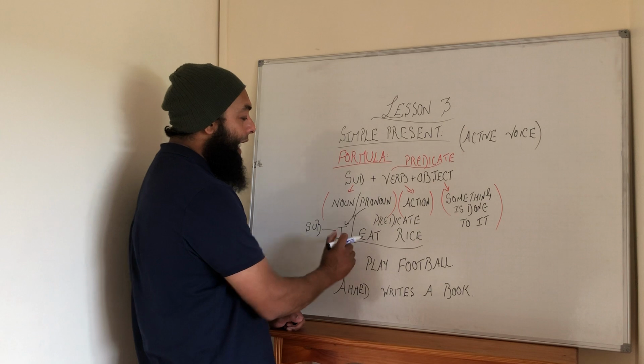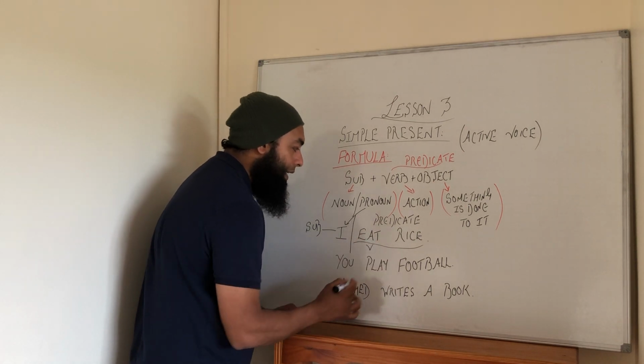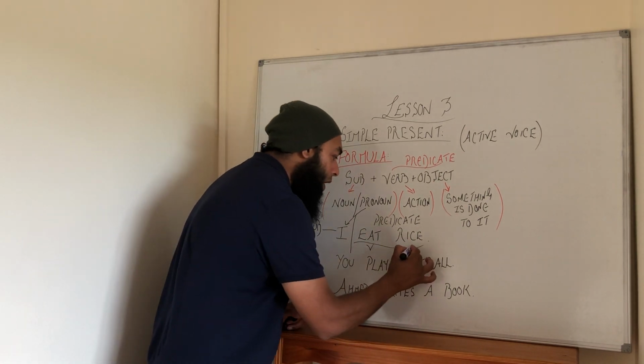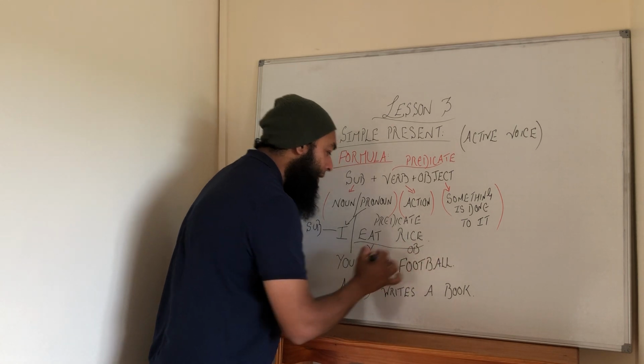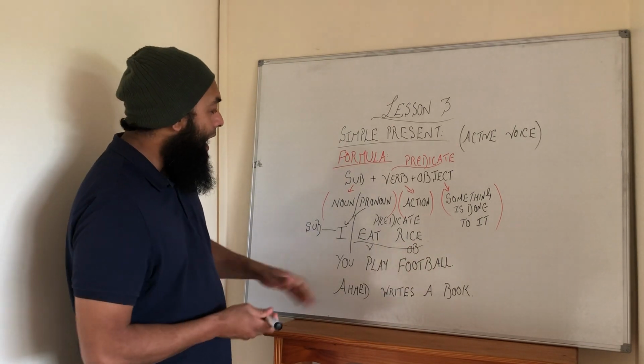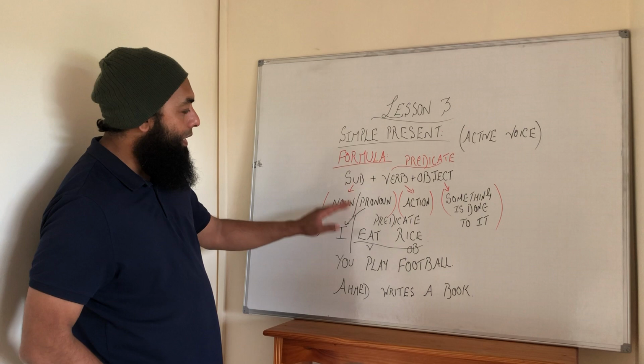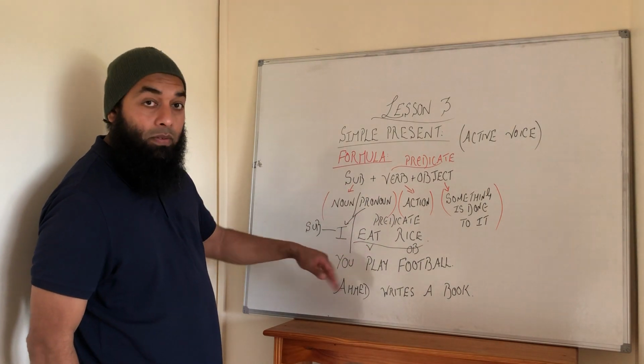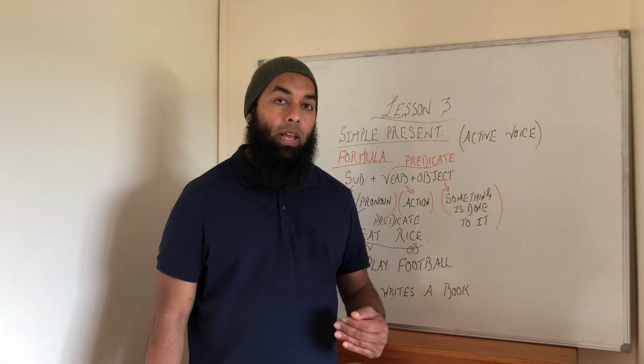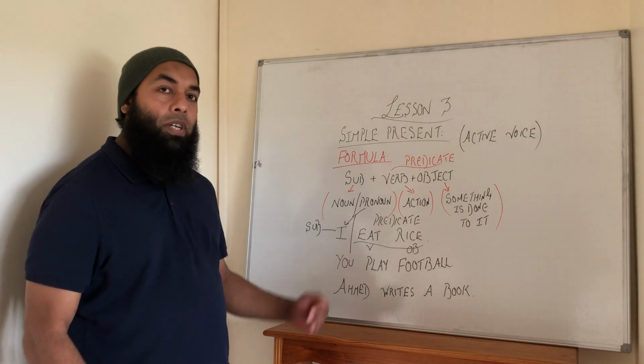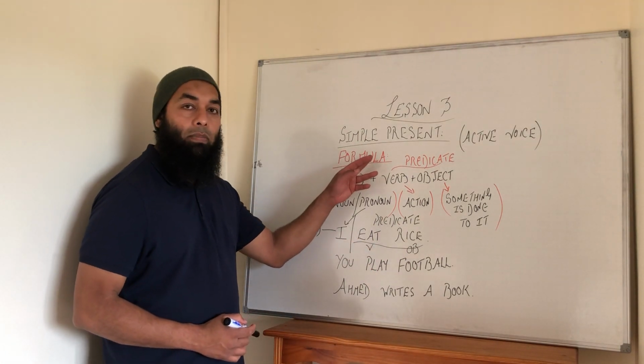The one is the action, which is a verb, and the other one is called object, okay? So here I is the subject, the verb is eat, which is the first form of the verb, and we always use the first form of the verb when we talk about the simple present tense.